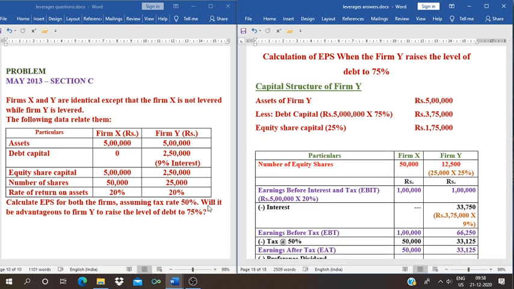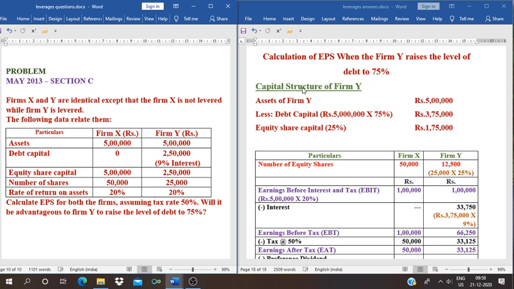What is the second one? Will it be advantageous to firm Y to raise the level of debt to 75%? That we are going to calculate now. Calculation of EPS when the firm Y raises the level of debt to 75%.